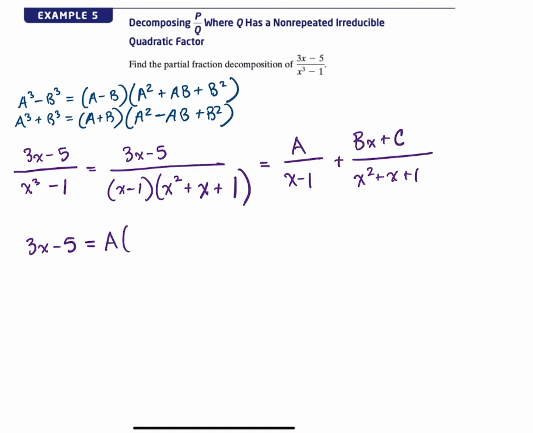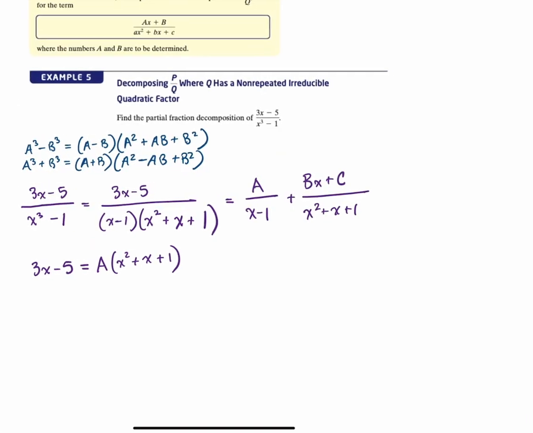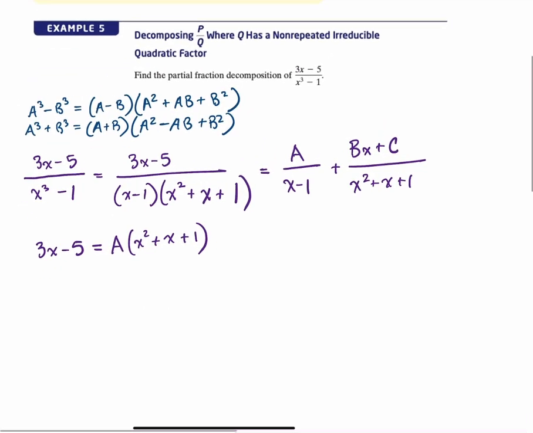So we'll have A times x squared plus x plus 1. Then for our second term, the one that has Bx plus C, the quadratic will cancel and we'll be left with x minus 1. So we'll have Bx plus C times x minus 1.